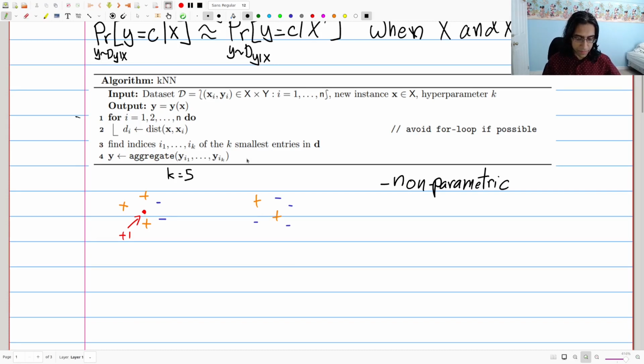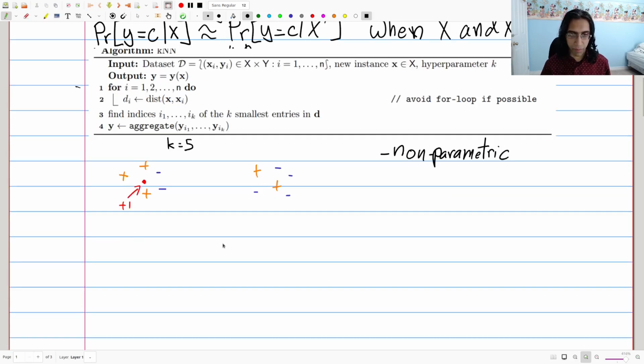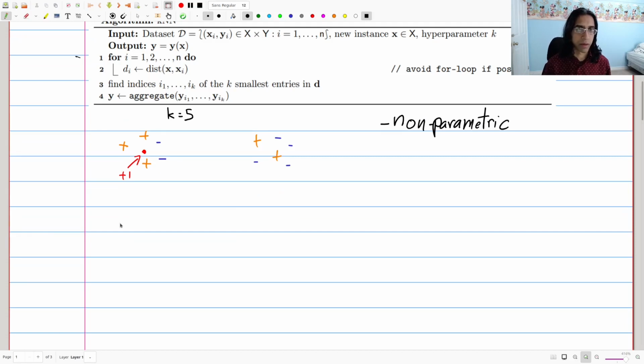What else? Notice how it says here distance. When you think about distance, you just think of the nearest points, but let's mention that often a natural distance to use is L2 distance. Let me remind you of a few of these distances which are important.